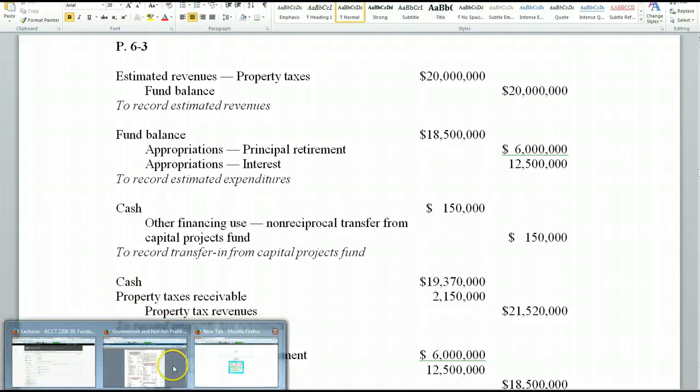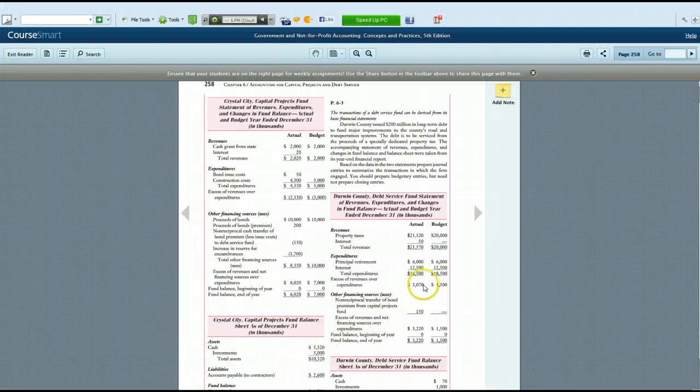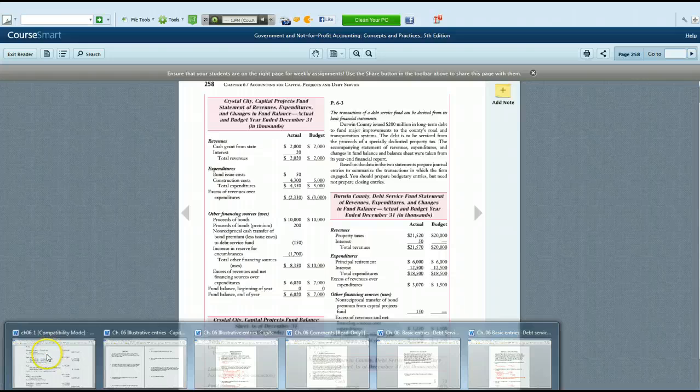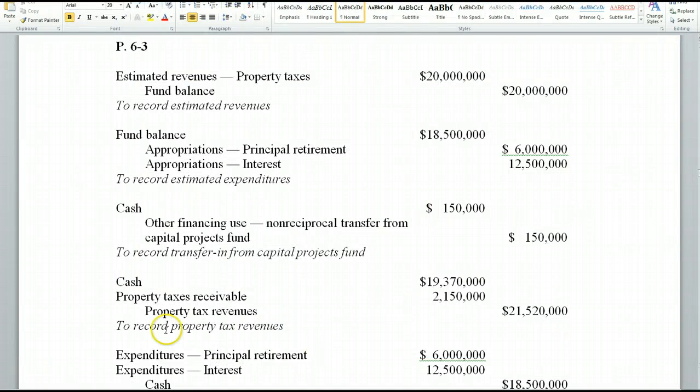Then we'll also want to show the property taxes. Again, if we go back here and see what actually came in, $21,520,000, we'll want to show those property taxes. And so we've got here property tax revenues of $21,520,000.